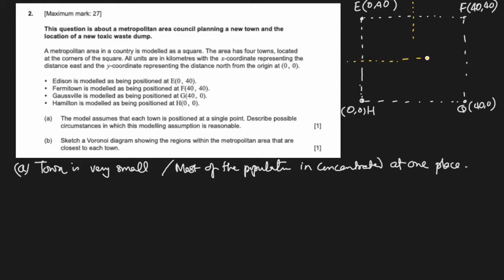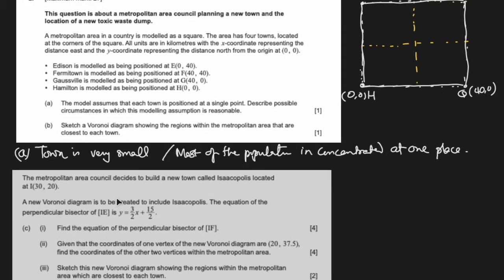And we can continue this here and here. This is the Voronoi diagram, but I will erase the part which is outside. This is within the metropolitan area, so this is the Voronoi diagram we can talk about. Let me make the actual lines solid so that I differentiate between the perpendicular bisectors and actual lines joining the nodes.